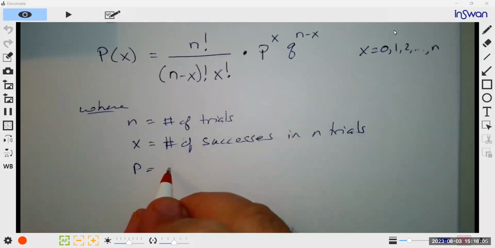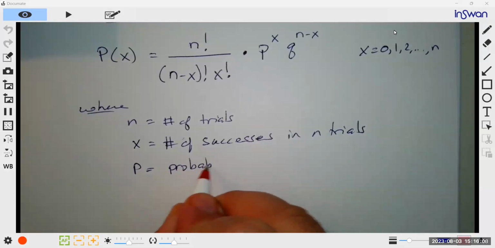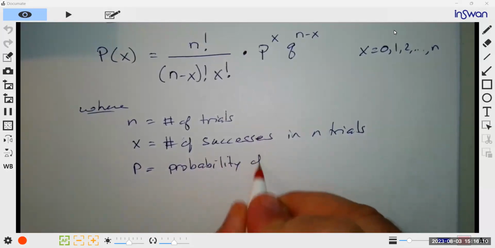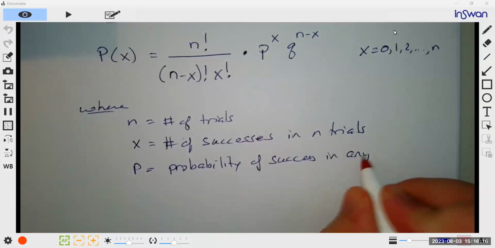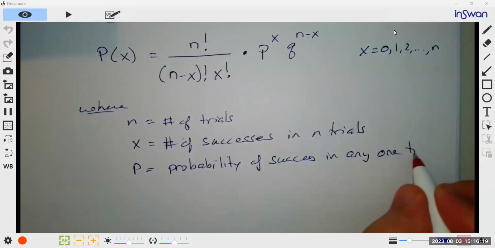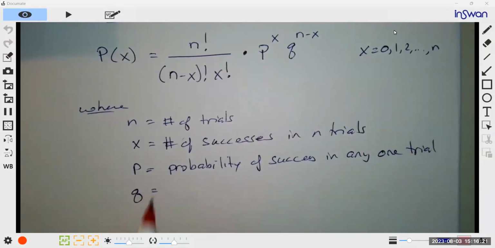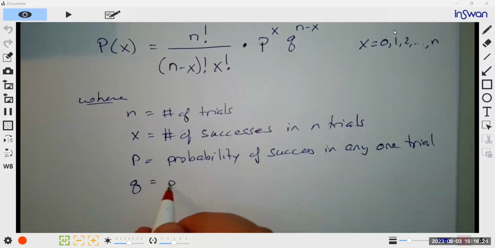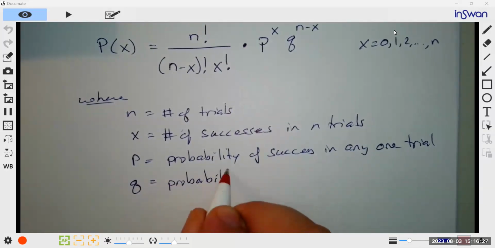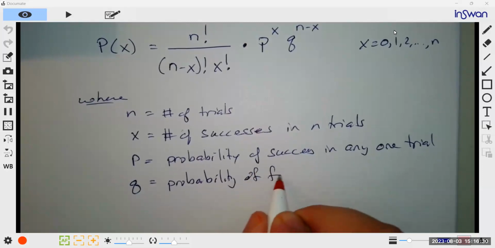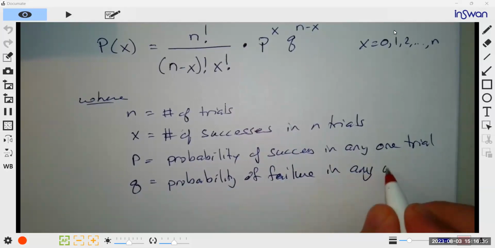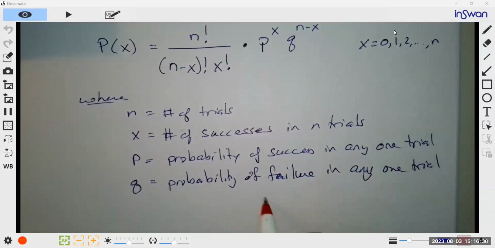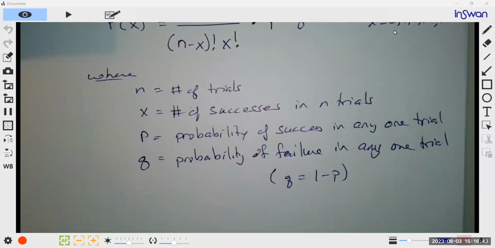P is the probability of success in any one trial, and Q is just the opposite, the probability of failure in any one trial, 1 minus P. So that's how we figure it out.